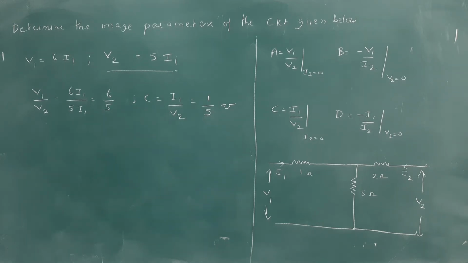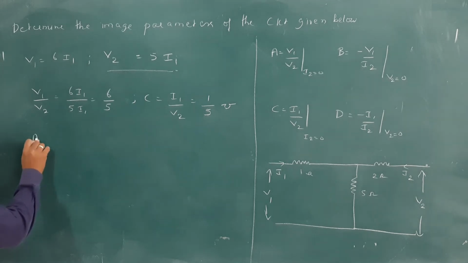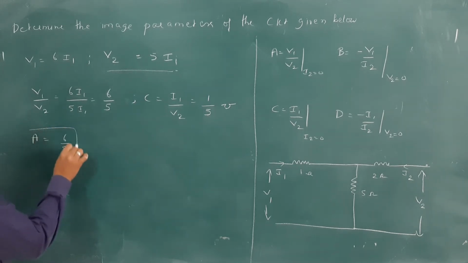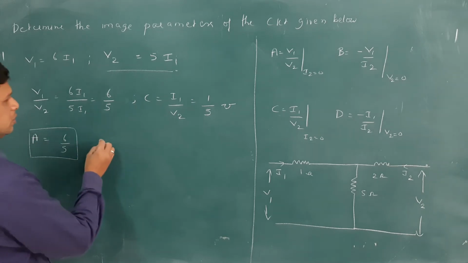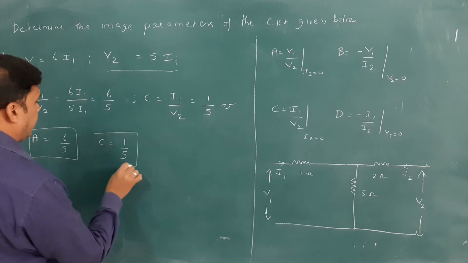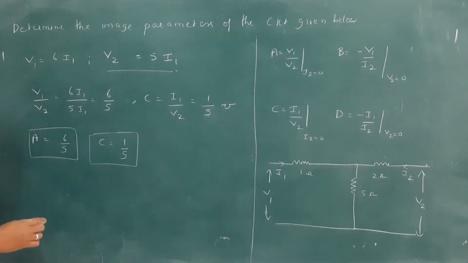So we have got the values of A and C here. A is equal to 6 by 5 and C is equal to 1 by 5. Now what you have to do is short circuit BB dash.